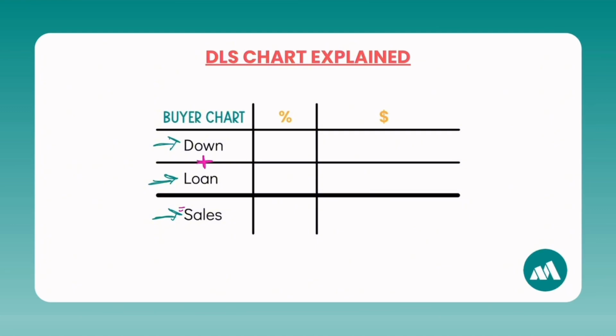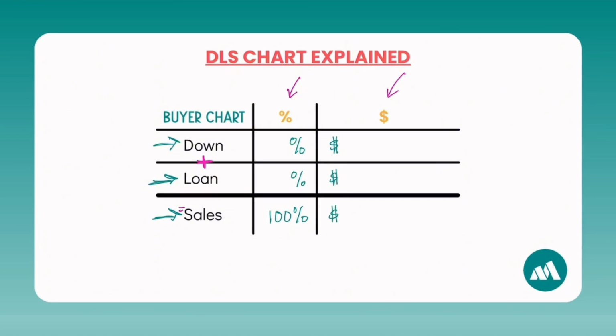Now, we have a column for percentages and we have a column for dollar amounts, where you have a down percent and a down dollar, just like you have a loan percent and a loan dollar. You also will have a sales percent, which is going to always be 100%, and you have a sales price.